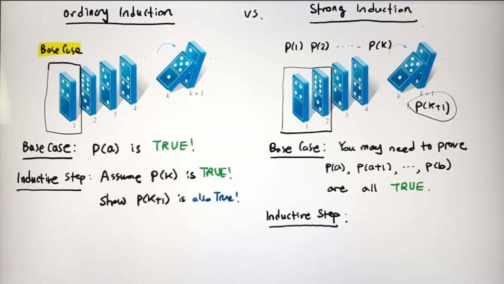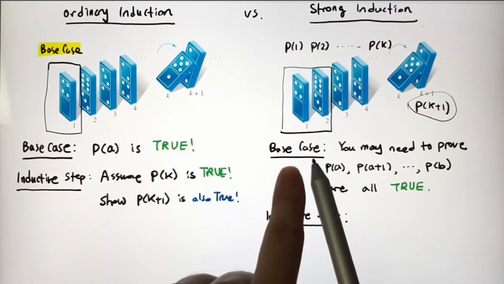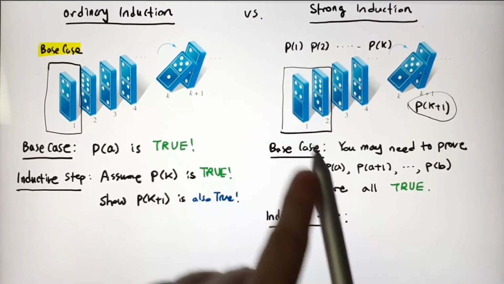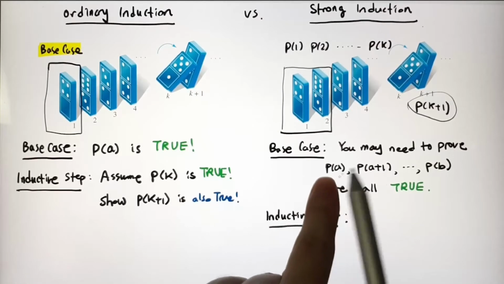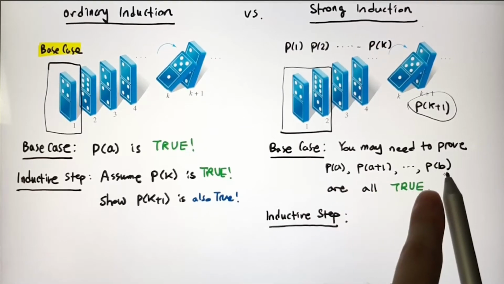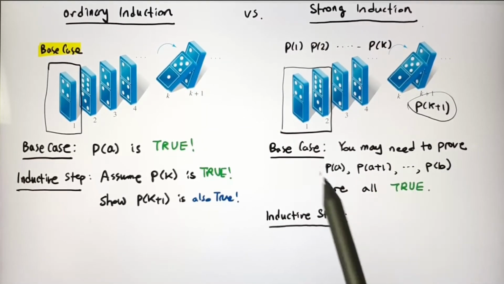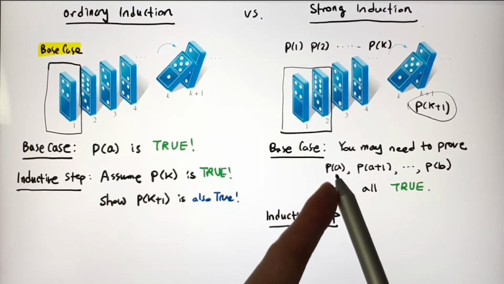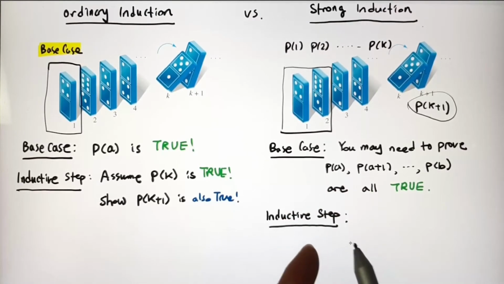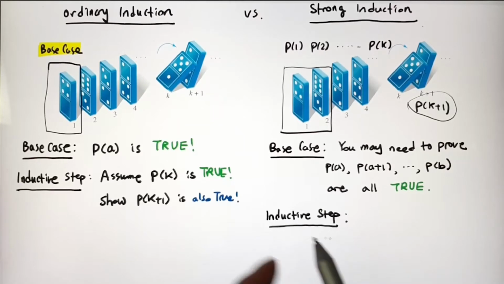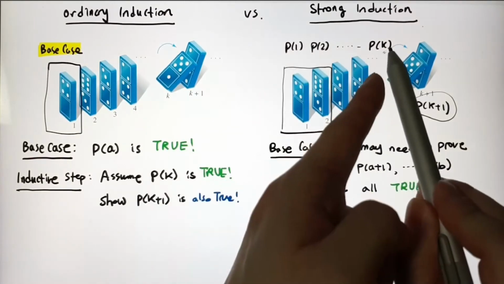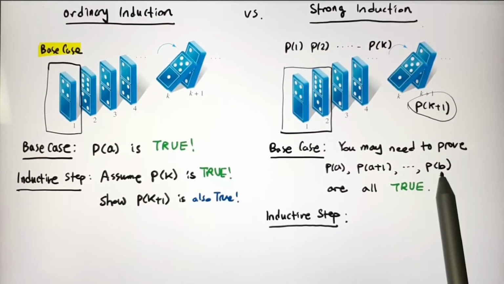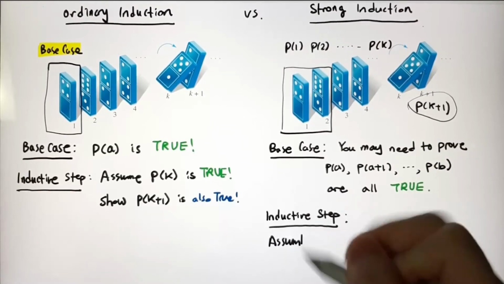By the way, everyone, because we already know from the base case that P of A plus 1 up to P of B are all true, we don't have to repeat writing P of A plus 1 in the inductive step. We just have to assume all statements up to k, where k is greater than or equal to B, are true.